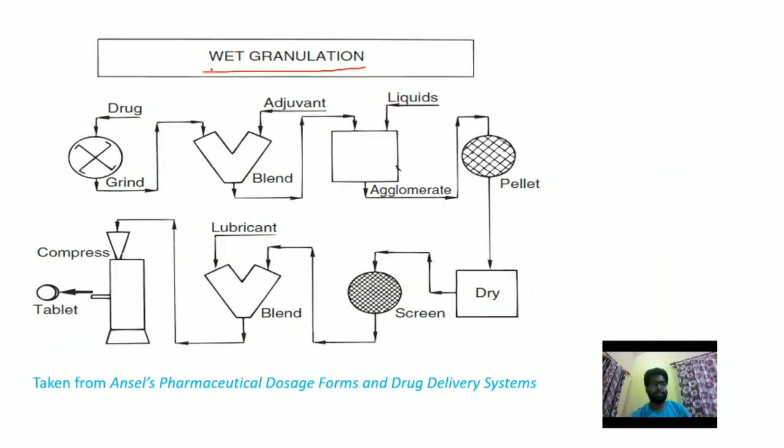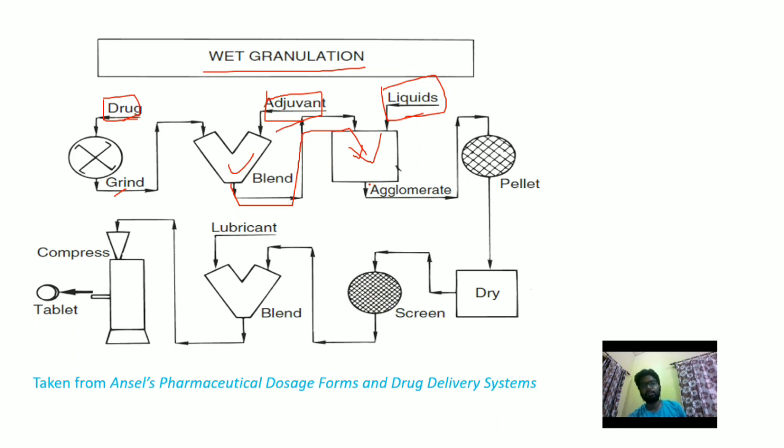Then coming to the wet granulation method. See, wet granulation is widely used. Here the first step is common: the drug molecule will go for grinding. After that it will be mixed with some other adjuvants, and blending will be there. After that the blended mixture will go for agglomeration. Agglomeration means it will be mixed with some liquids, and the dough will be formed.